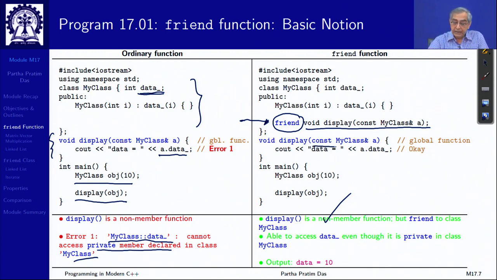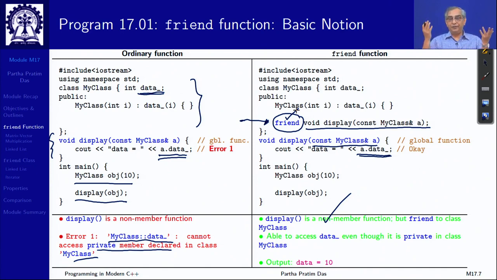It gets the reference to an object of this class and tries to access private data. This is where I had an error in the global function case on the left. In this case, since I have called it a friend, my class is saying that everything is private and not exposed to anyone else, except for someone who is my friend.